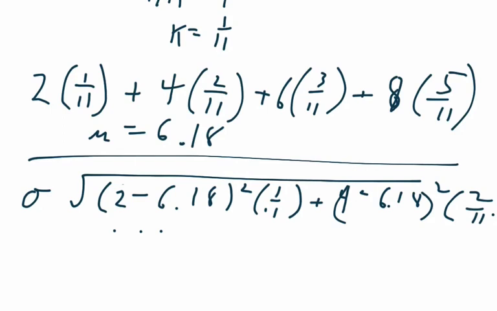And so when I put the information into the calculator, L1 has 2, 4, 6, and 8, and L2 has 1 over 11, 2 over 11, 3 over 11, 5 over 11.